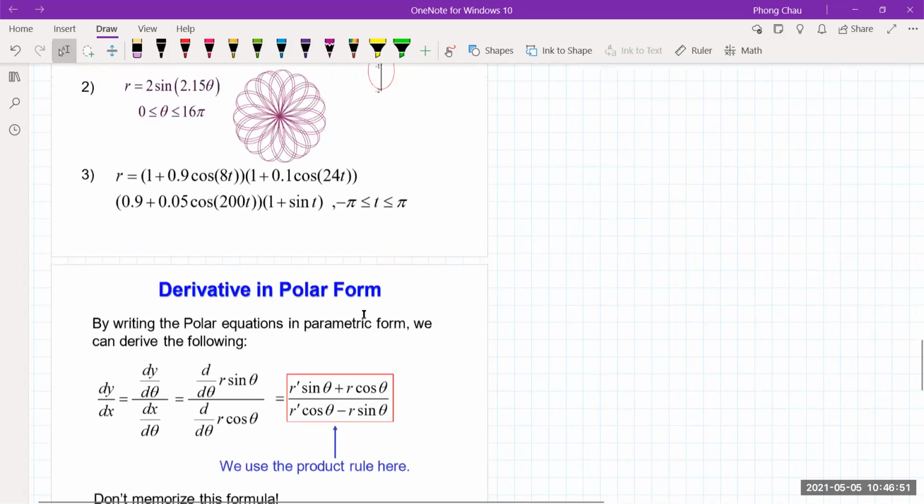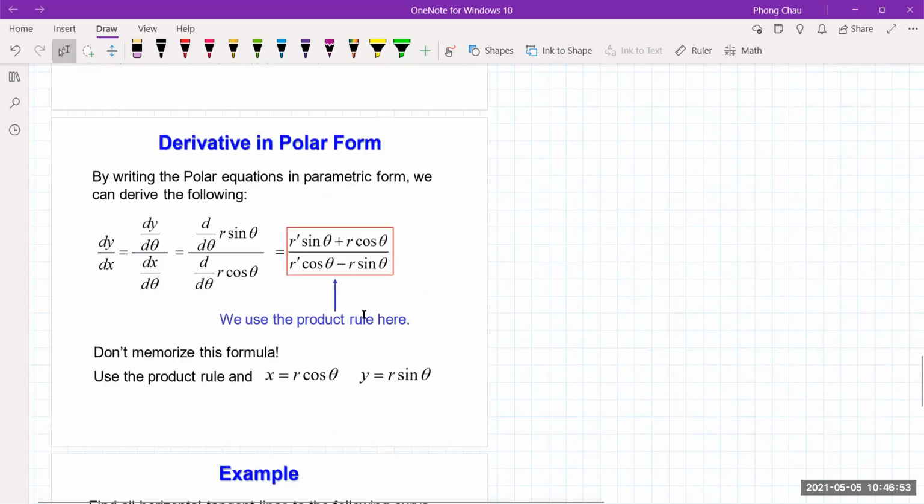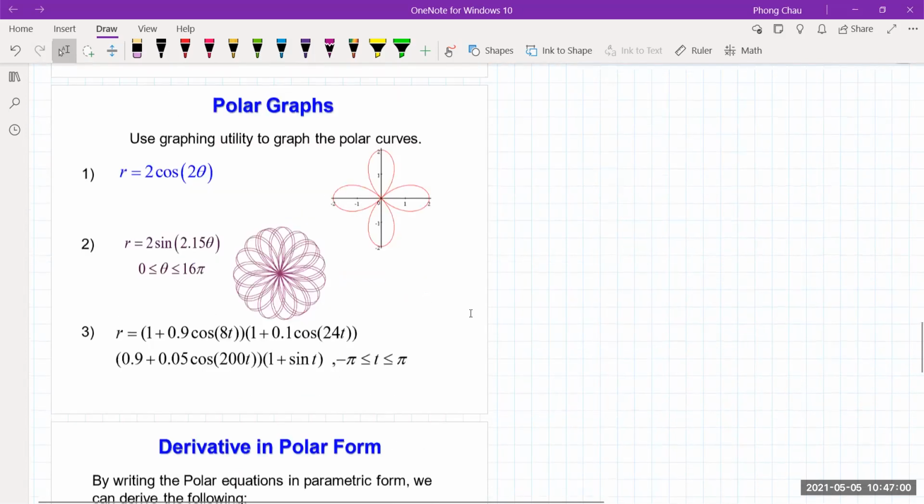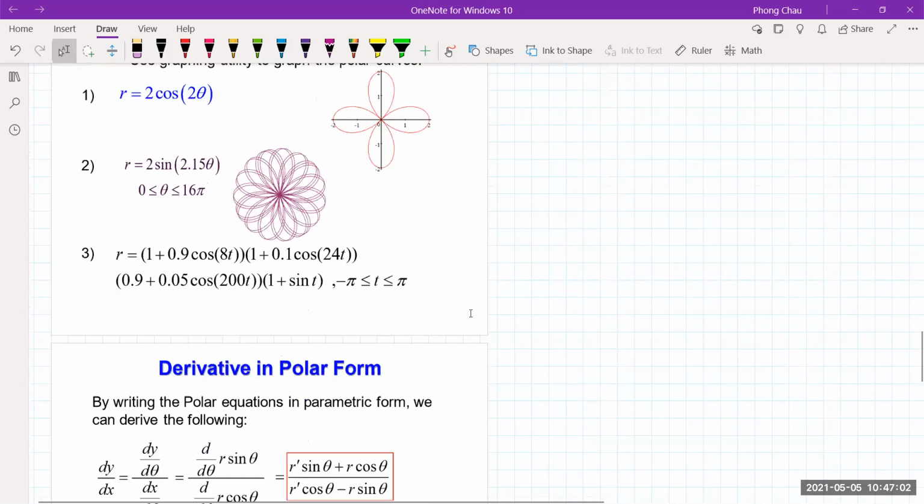Now, the final part of this section is the derivative. So let's recall the derivative. How do we find the derivative in polar form? Okay.